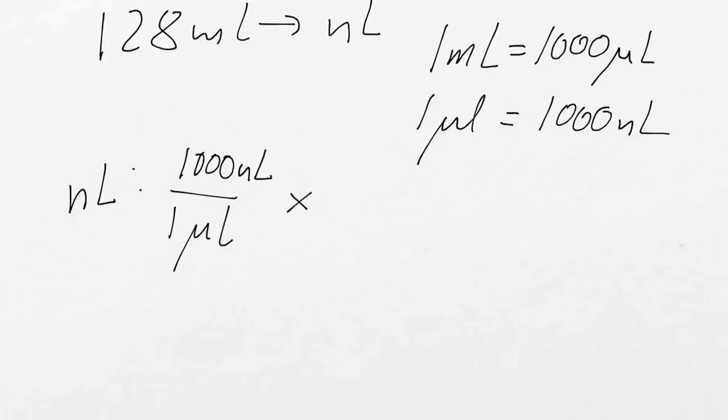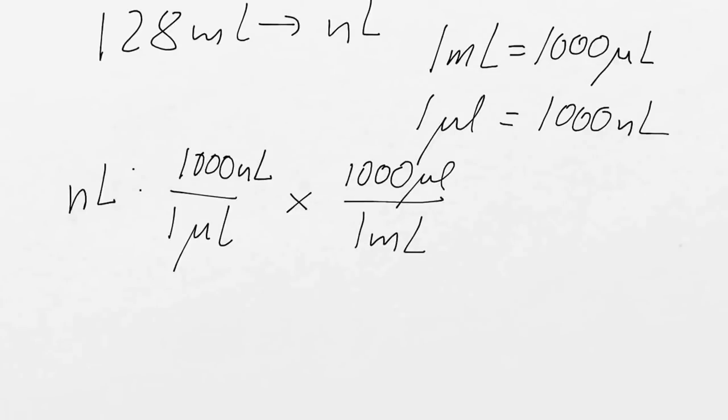So let's try to get rid of the microliters. Now, I know that I have 1,000 microliters in 1 milliliter. Yeah? So I see already the microliters, the units cancel out, but I still have the milliliter there.